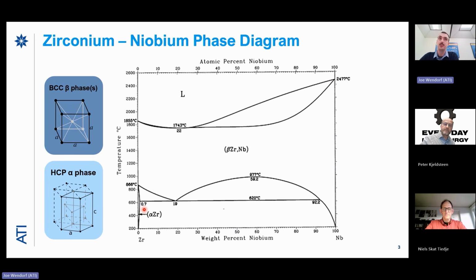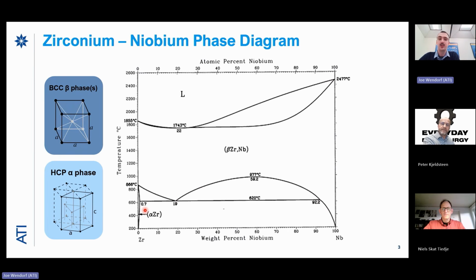Most zirconium alloys are single phase, all the alpha hexagonal phase. But with the addition of this niobium, which stabilizes the beta phase, we can maintain a little bit of beta at room temperature, or 300C, where the reactor is running. And that provides a lot of creep resistance. So the material swells more slowly. Those pressure tubes swell more slowly, and they have a longer life.